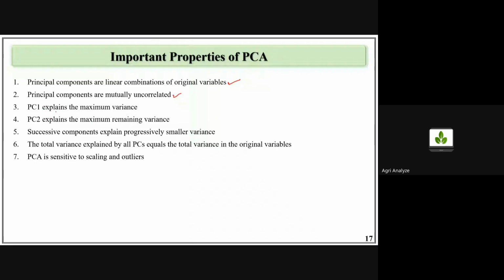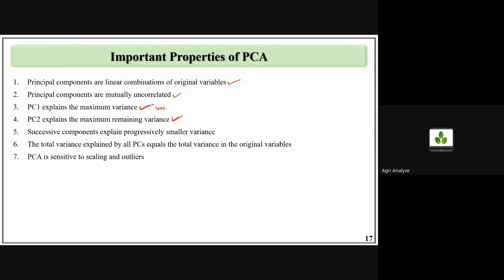Then PC1 explains the maximum variance. Okay, I explained that out of 100%, PC1 always shows the maximum variance. Then out of the remaining variance, which was not explained by PC1, PC2 always explains the maximum variance. So these 2 points are most important for your exam purpose and also for knowledge.